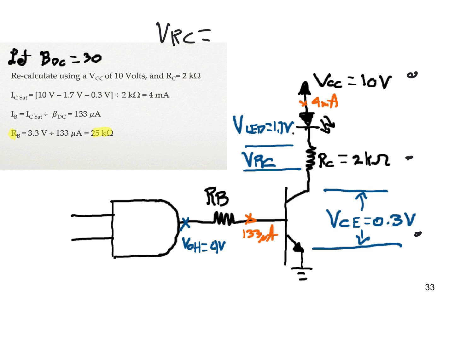VRC equals VCC minus VLED minus VCE sat, right? So that's our VCC supply of 10 minus 1.7 for the LED minus VCE sat of 0.3.